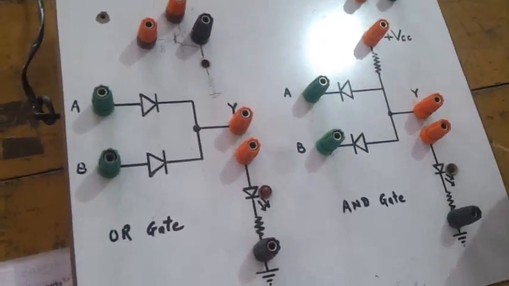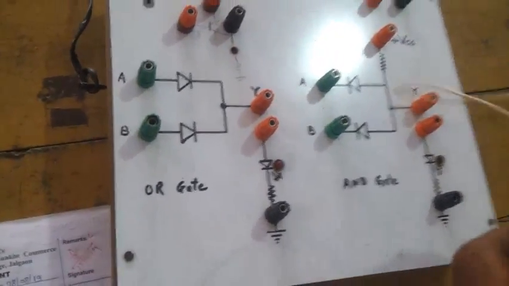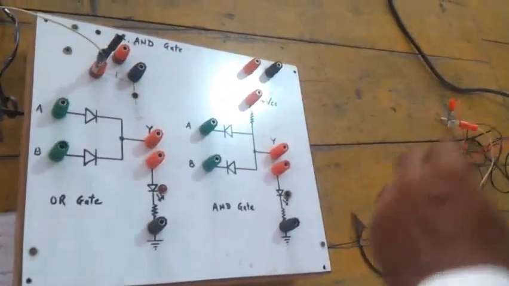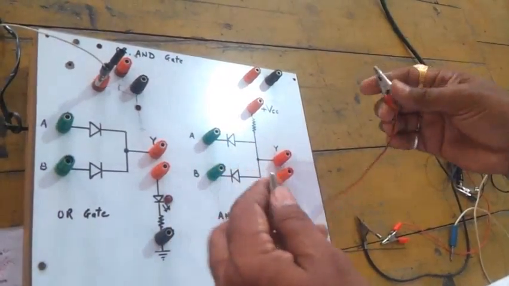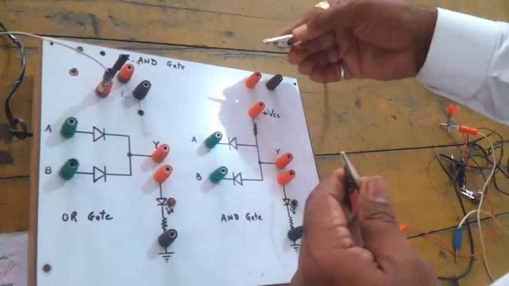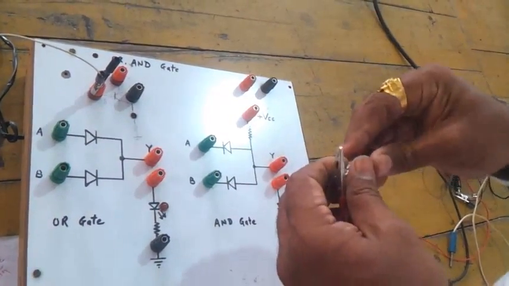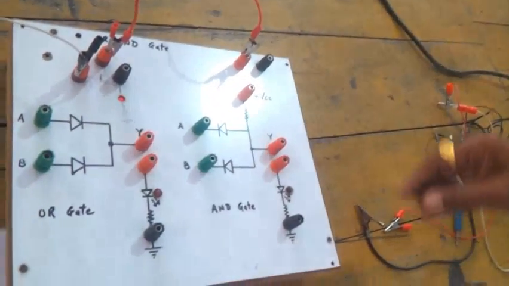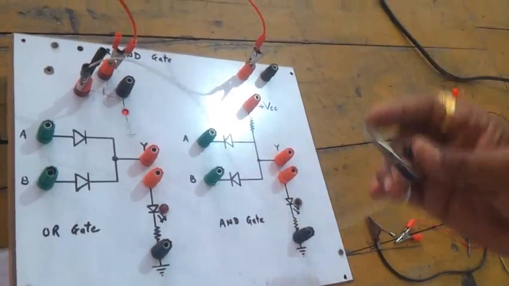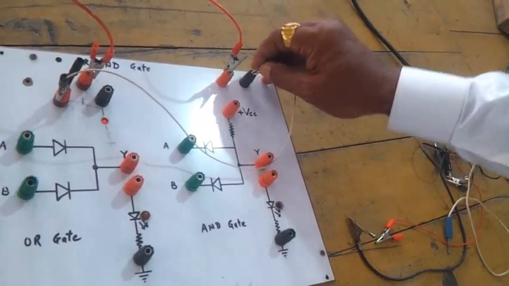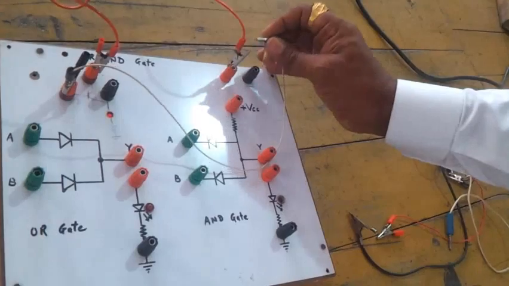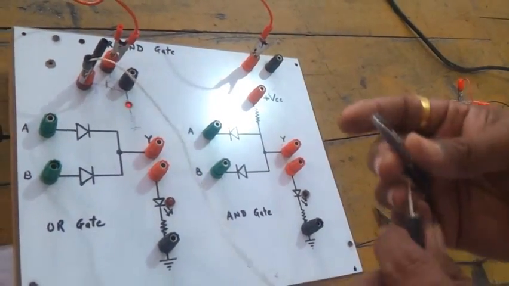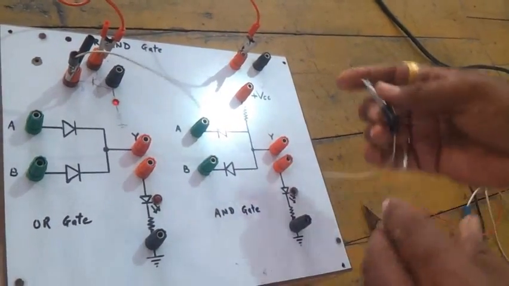So input is here at base of the transistor, there is input, and at output there is output. Suppose the input is low, then output will be high, and then if the input is high, then output will be low. Here the condition we can perform just like this.